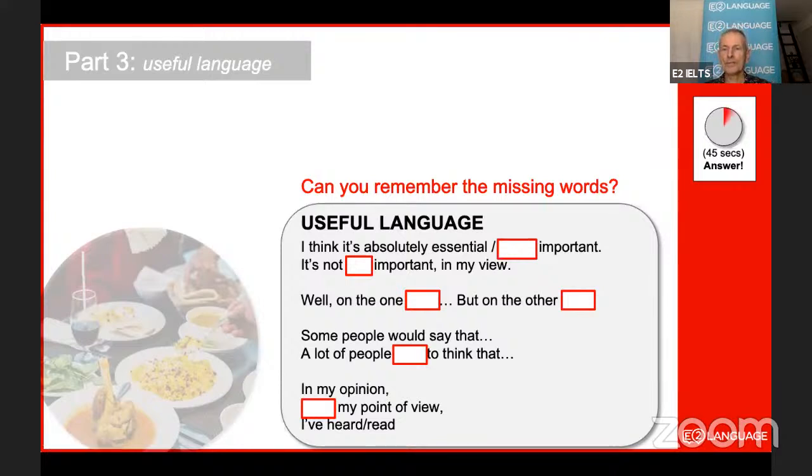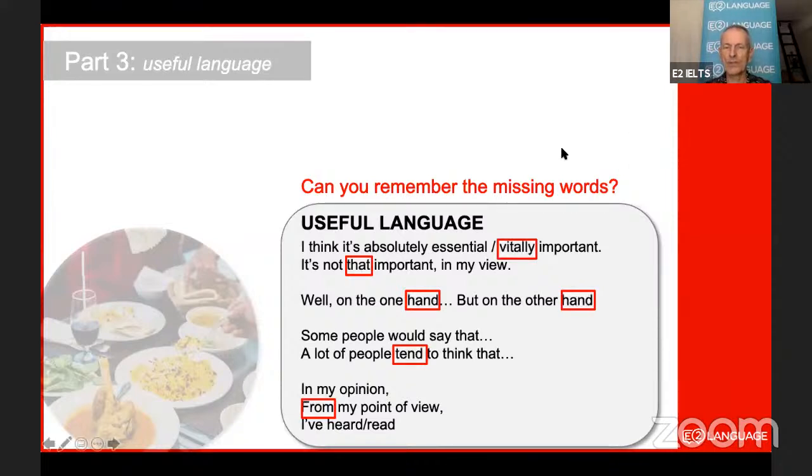Very good. Careful, Monica. It's not that important, okay? Stress, it's not that important. Obviously, hand in hand, that's the simple one. Exactly, good. I think we've got the answers there. Let's move on because time is ticking.